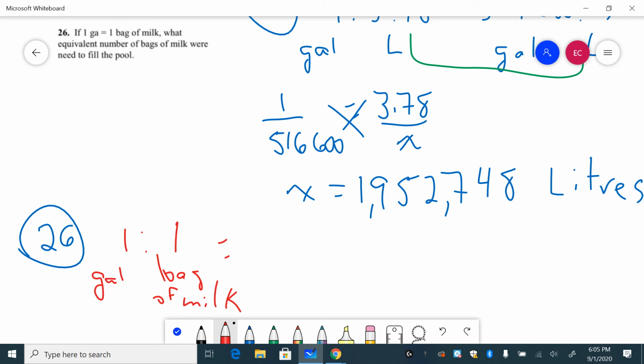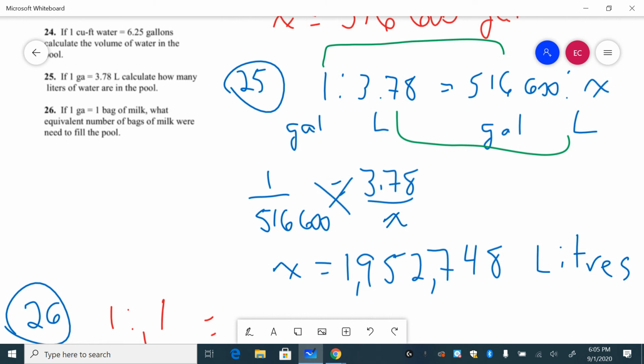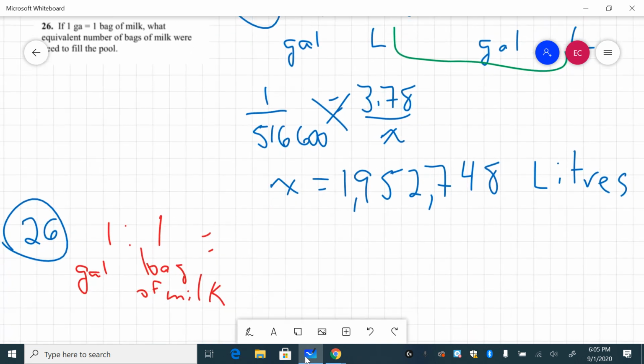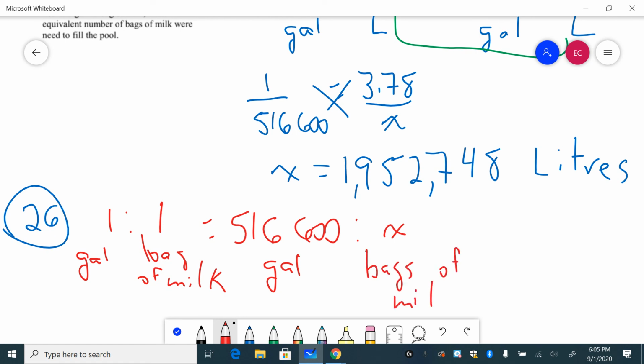Our gallon answer from further up was 516,600, so I'm going to use that again. That has to go in the first spot. So I've got 516,600 colon X. Remember, the first spot was gallons, the second spot was bags of milk.